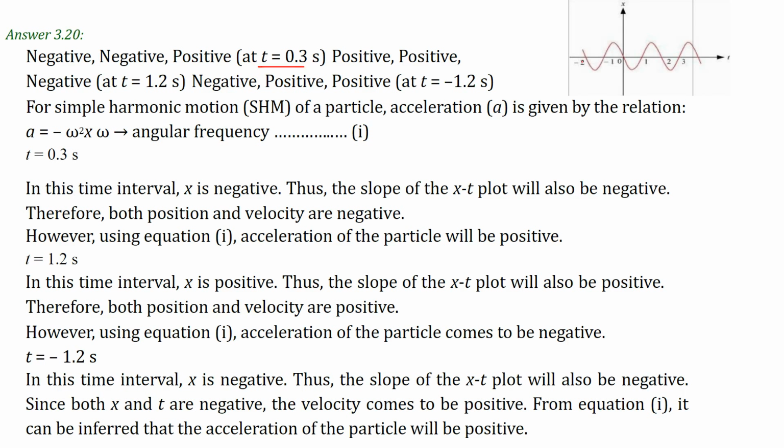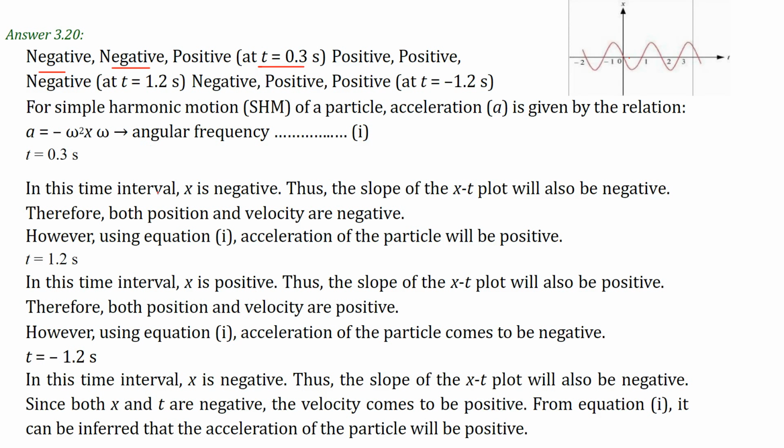So the first is at t equal to 0.3 second, as you see here. The three things being asked are position, velocity and acceleration. Position and velocity both are negative, but the acceleration is positive in this case.